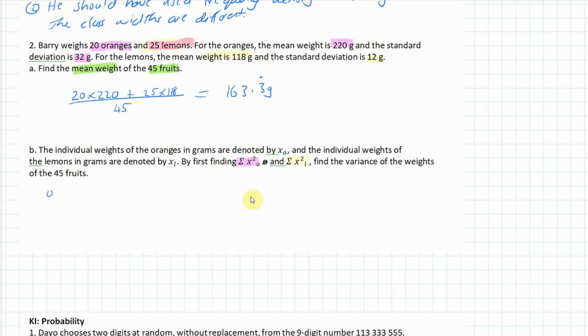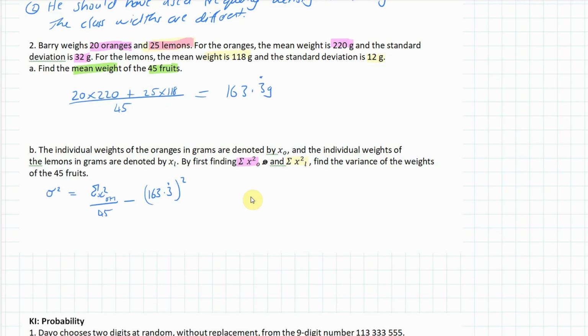Now variance in this case is going to be equal to the sum of x squared O plus L, divided by the 45, and then minus the mean that we found previously, squared. And that will give us the variance, which is what we're trying to do.